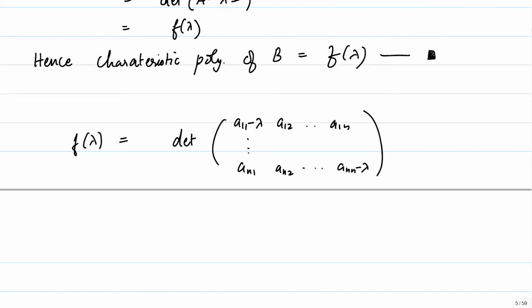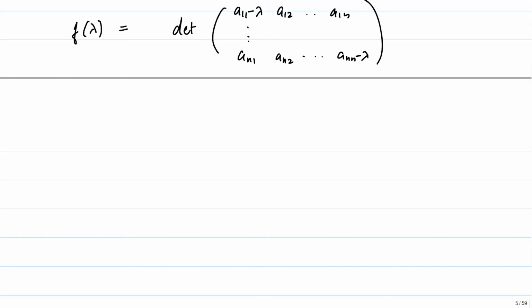All of these entries, a11 minus lambda up to ann minus lambda, are polynomials of degree less than or equal to 1. The constants have degree 0 and the non-constant polynomials have degree 1. So this is a matrix with entries in P1 of R.